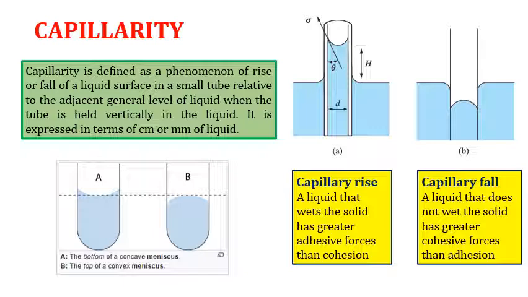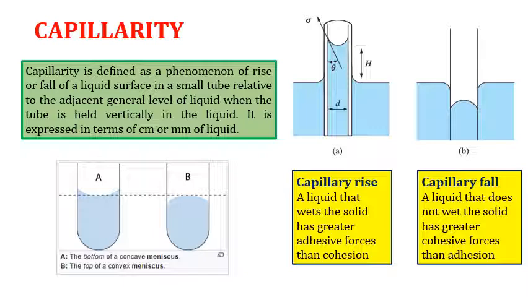The attraction between the molecules forms an imaginary film which is capable of resisting tension at the interface of the liquid and solid, liquid and air, or two immiscible liquids, and this capability of resisting tensile force is known as surface tension. So the capillarity phenomenon is observed because of this surface tension.